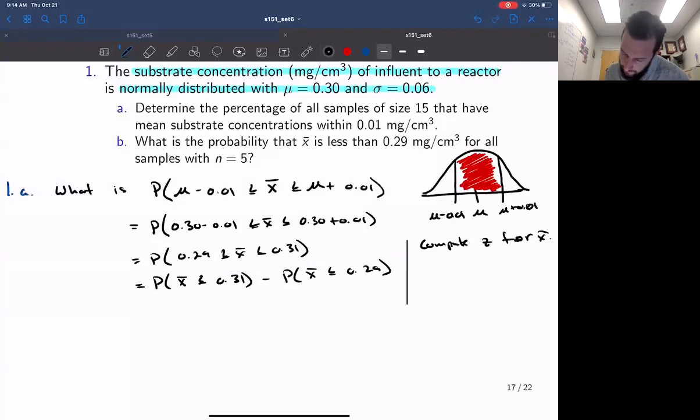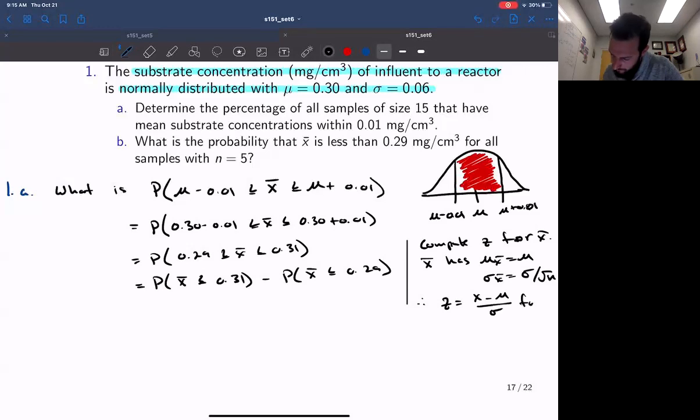Okay, so we know X bar has mu X bar equals mu, sigma X bar equals sigma over the square root of n. Therefore, Z equals X minus mu over sigma. For X bar, Z equals X bar minus mu X bar over sigma X bar, which is X bar minus mu divided by sigma over the square root of n.